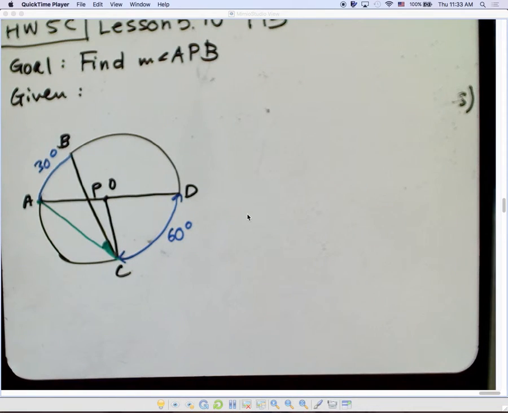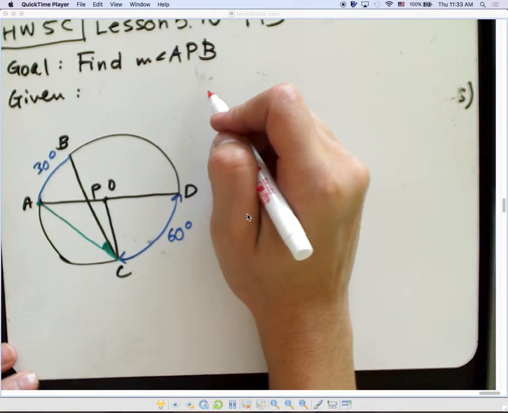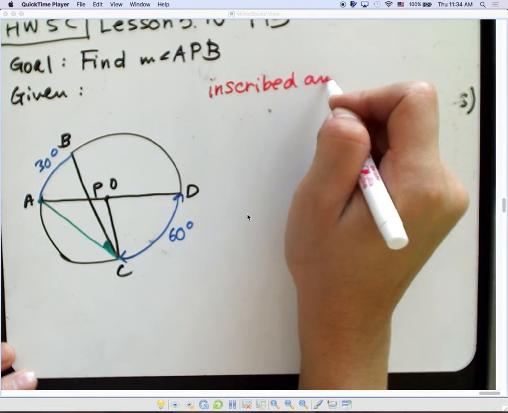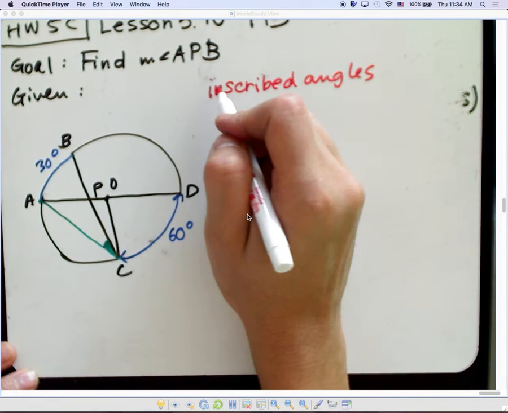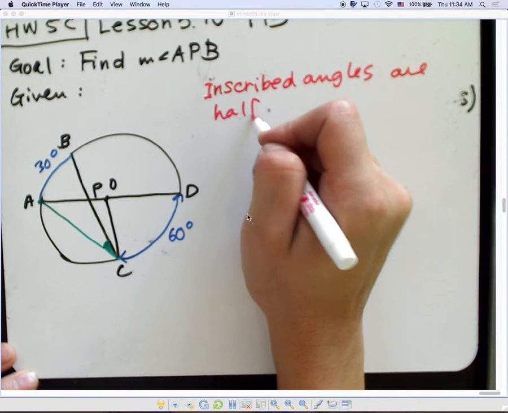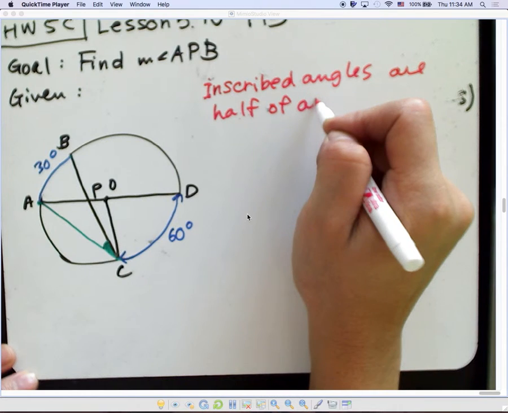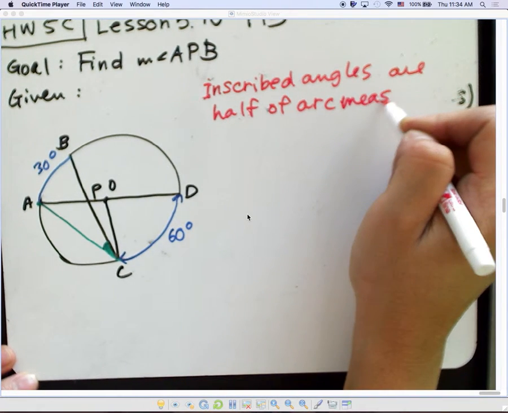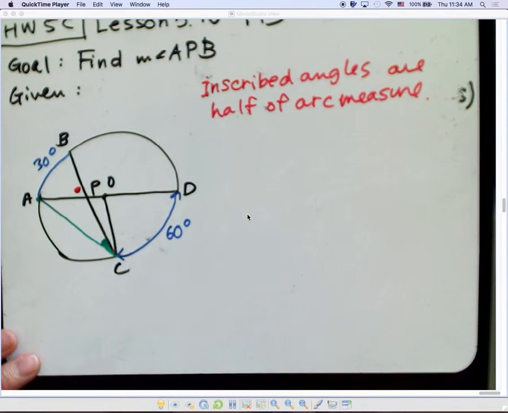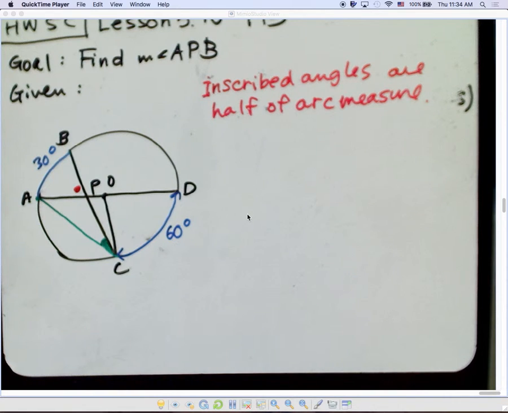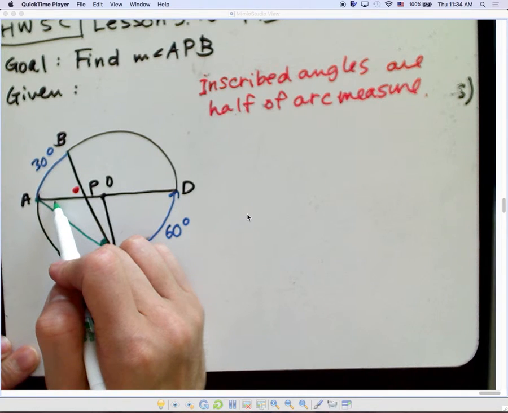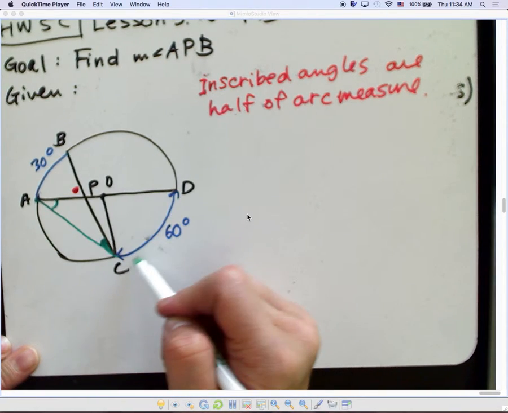Now you can see that angle ACB is an inscribed angle of arc AB. And we know that inscribed angles are half of the arc measure. Our goal is to find this angle. Also, if you look at angle CAD, that is an inscribed angle of arc CD.